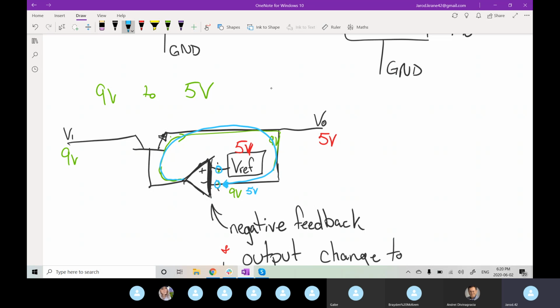When we achieve this, since this pin is connected to our output, we'll see 5 volts on our output, which is desired from our converter.